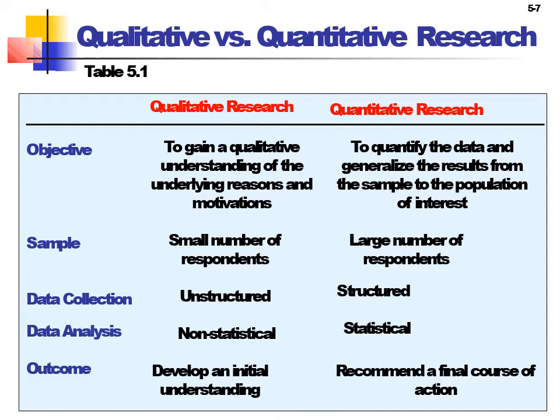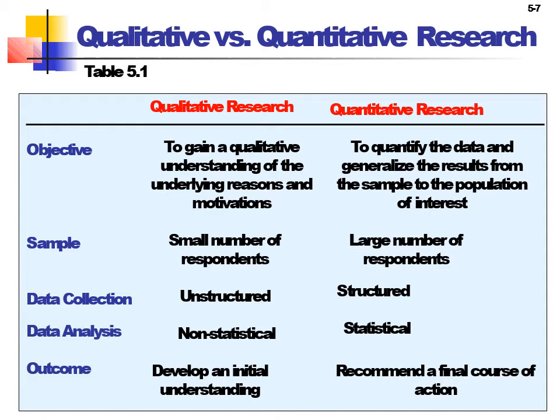Data analysis, qualitative research data analysis is non-statistical. As I said, the objective of the qualitative research is to understand the underlying reasons and motivations. So the result of the qualitative research is more of a conclusive than a statistical report, unlike the quantitative research.